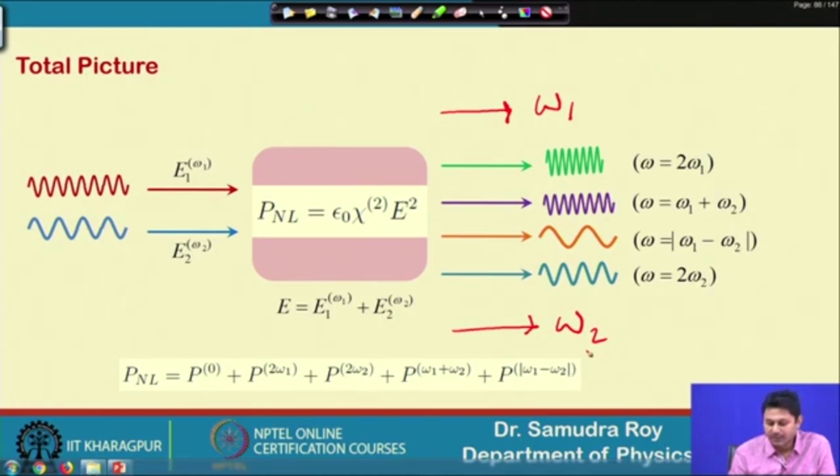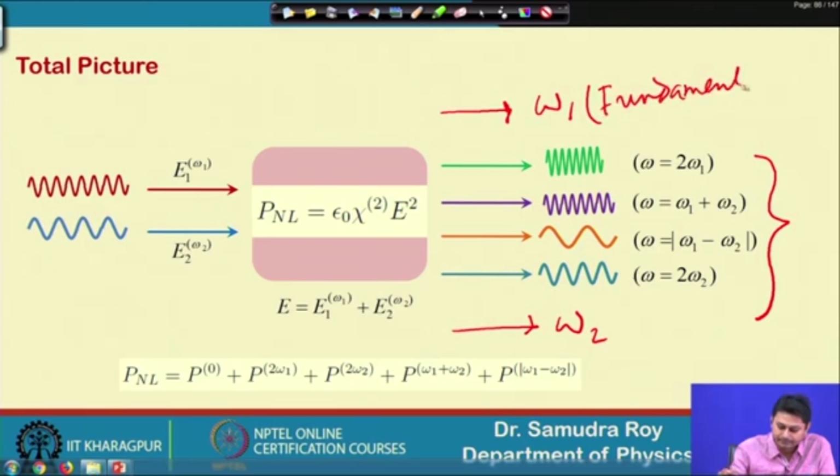So, there should be 6 different frequencies in principle there, but due to the nonlinear effect, these additional frequencies are going to be generated. These are the fundamental frequencies that are always there.